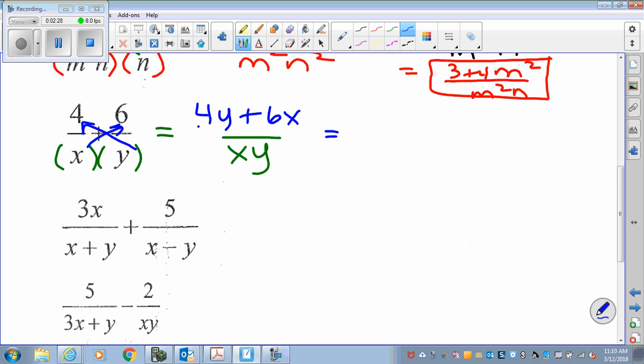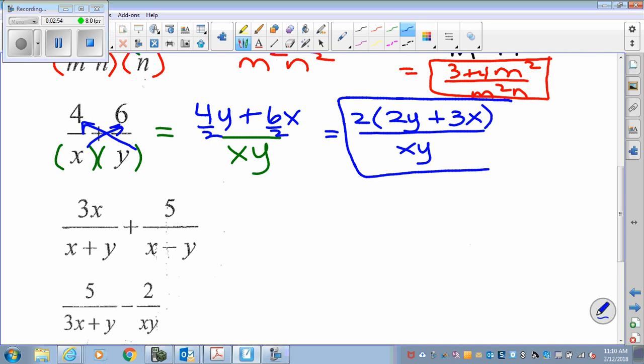These are both even, so I could factor out a 2. I could divide both of these by 2, and I'll bring that 2 in front. 4 divided by 2 is 2, so that would be 2y plus, and then 6 divided by 2 is 3, so that would be 3x, and the 2 in front. But I still can't divide. I don't have a factor in my denominator, so that doesn't really do much for me.